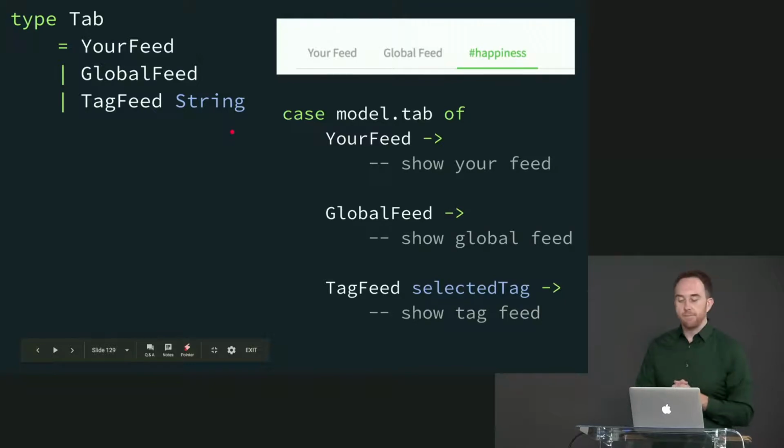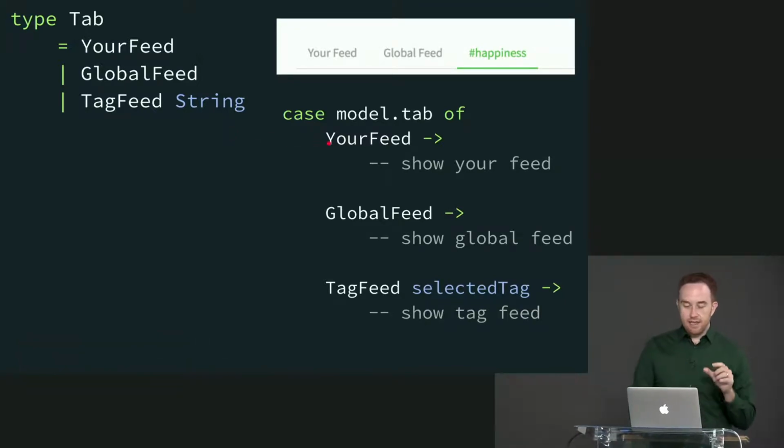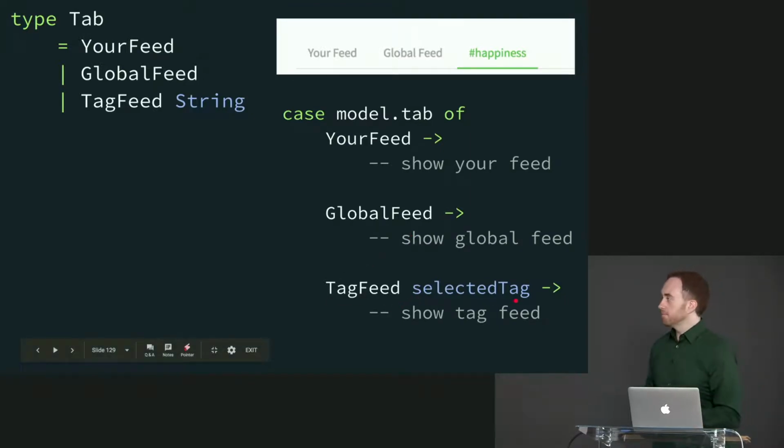We can now work with that. So in the case of YourFeed, we don't have that selectedTag string. It doesn't exist. GlobalFeed, same thing, does not exist. Can't possibly access it. We only have that selectedTag accessible if we're on the TagFeed, in which case we have it and we name it.